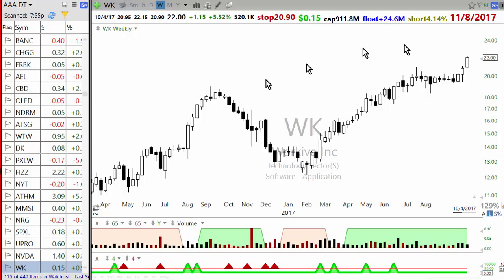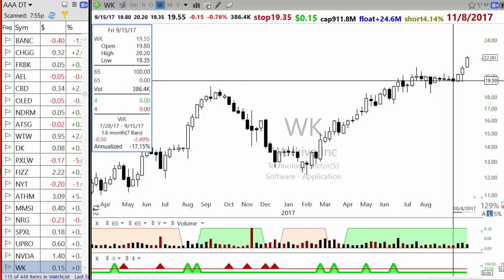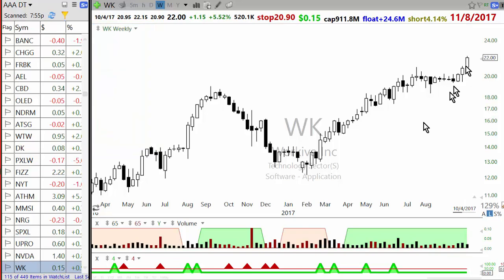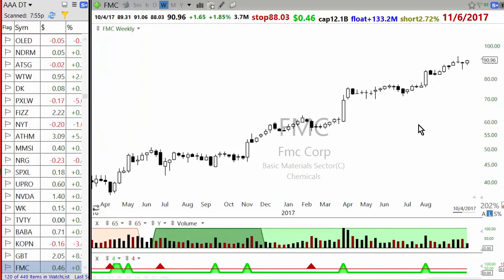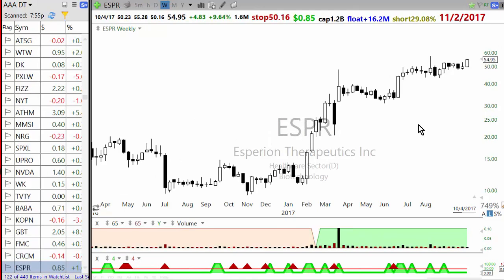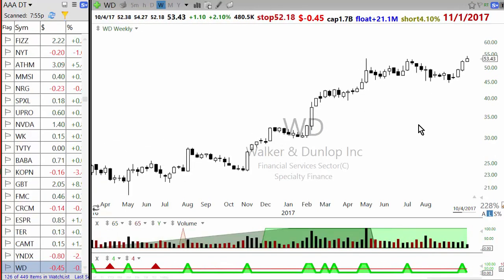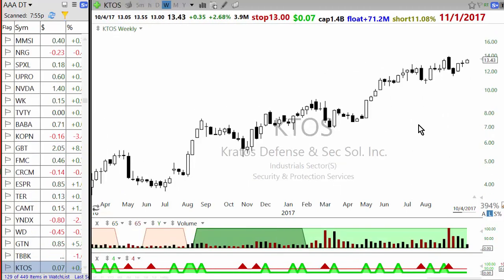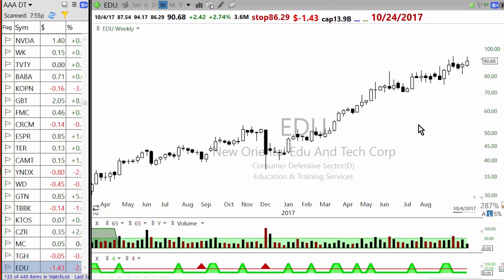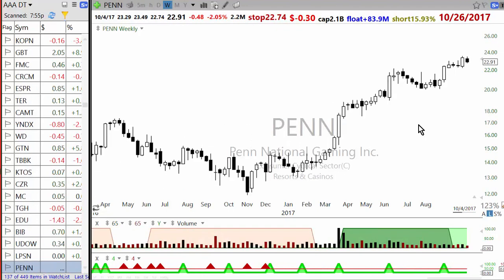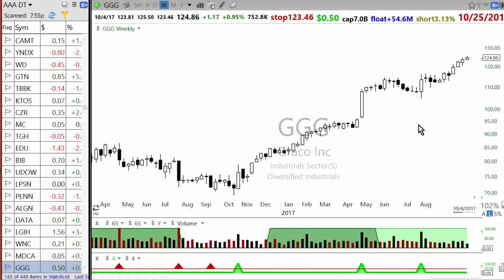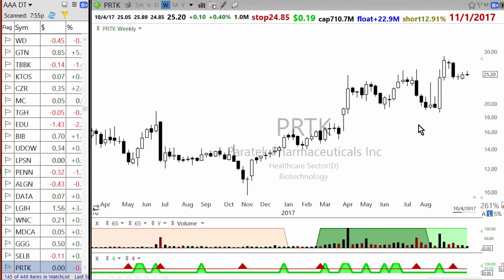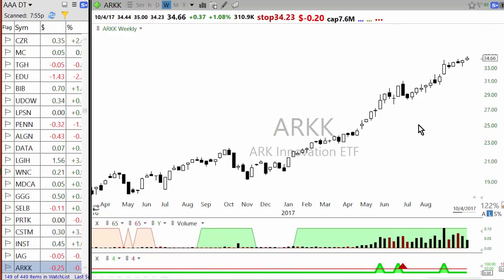See again, this would have been a good setup on a weekly here probably, and then it had a breakout, already had a breakout recently. I don't see much here as of now. I've gone through around 150 and don't see much.